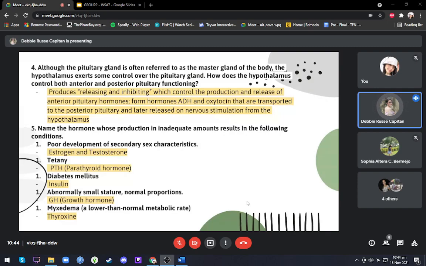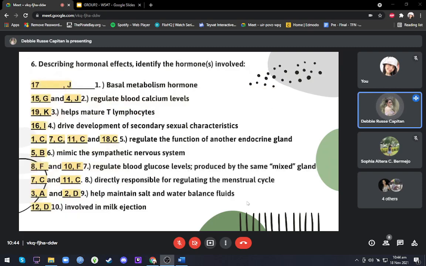Next is diabetes mellitus, our answer is insulin. Next, abnormally small stature, normal proportions, our answer is GH or the growth hormone. Next is myxedema, a lower than normal metabolic rate. Our answer is thyroxine.